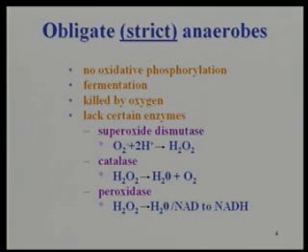And we know that they lack certain enzymes, superoxide dismutase, catalase, and peroxidase, that are involved in getting rid of free radicals and hydrogen peroxide, which are produced as side reaction products of metabolism. Other bacteria make one or more of these enzymes and are very good at getting rid of these toxic byproducts of metabolism. But the obligate or strict anaerobes can't.